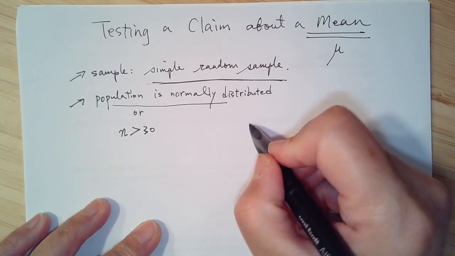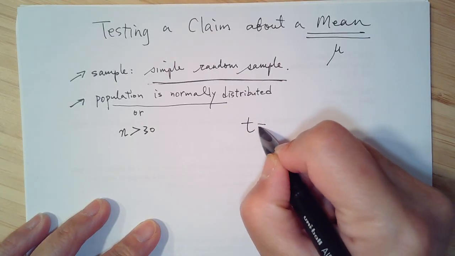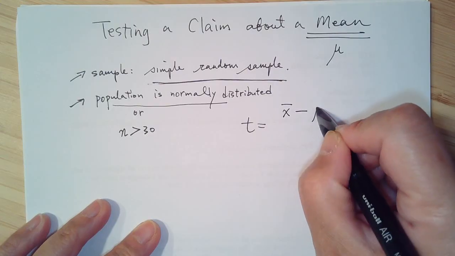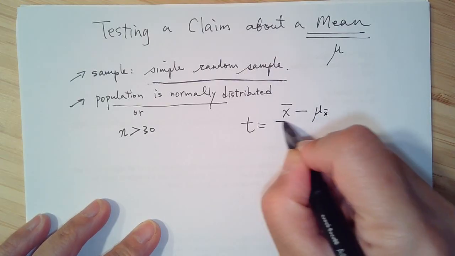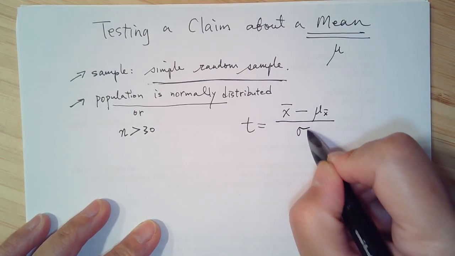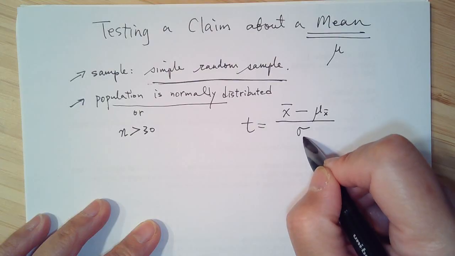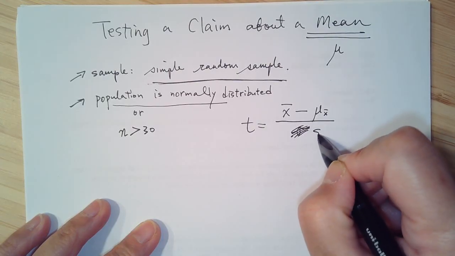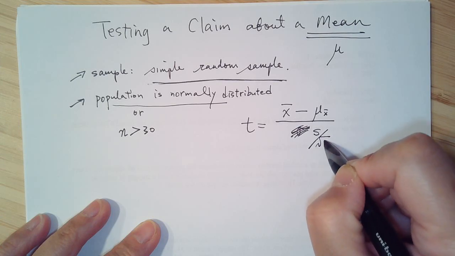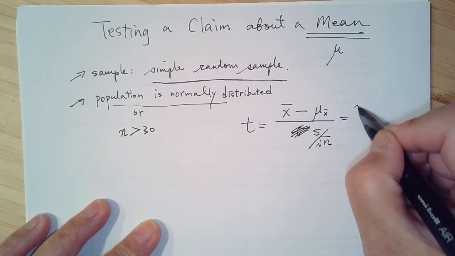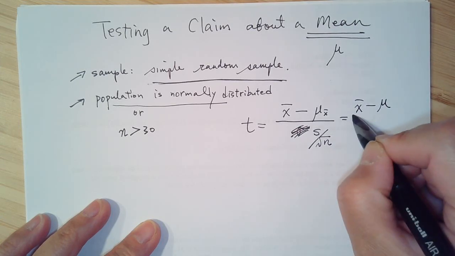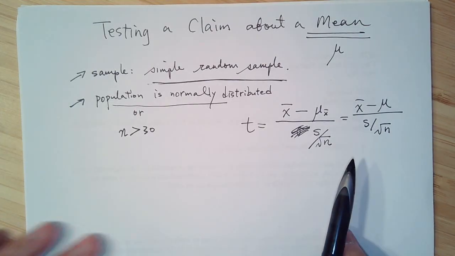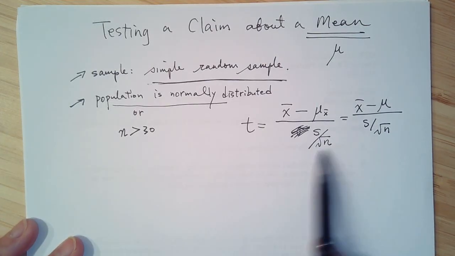Okay. So the t-test statistic is this. That should be x bar, which is your sample mean, minus the mu of x bar, over the standard deviation of x bar. But we don't know that, so we're going to use s over square root of n. Or you can just use x bar minus mu over s over square root of n. You can use either one, that's the same thing.